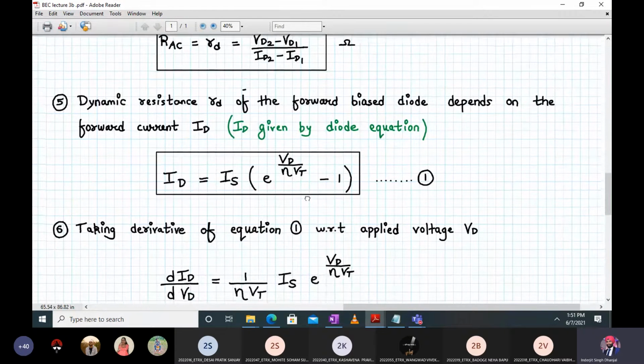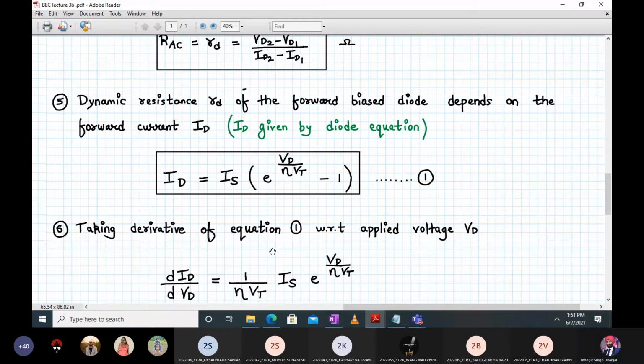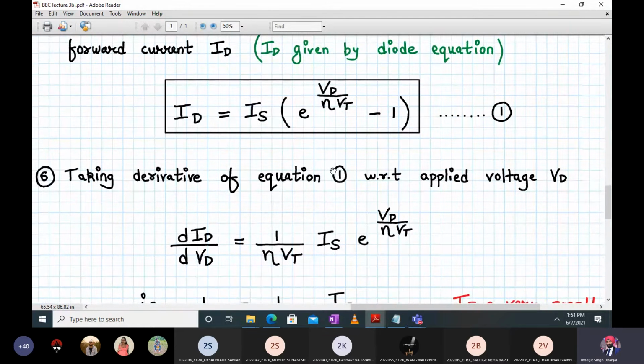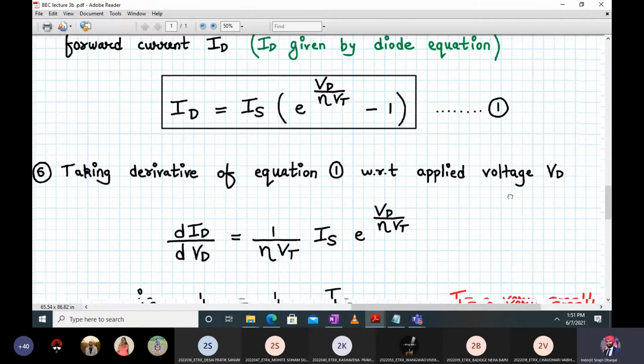Everyone listening? So here is the forward current of the diode given by this diode equation: ID is equal to IS times e raised to VD upon eta VT minus 1. This is my diode equation. What we do is take the derivative of this equation number 1 with respect to the applied voltage VD.